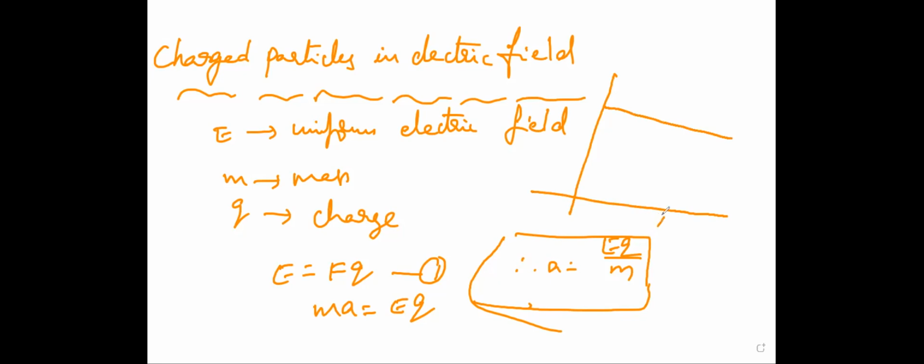Time along the x-axis and acceleration a is equal to Eq by m along the y-axis. This is a straight line which is parallel to the x-axis, that is the acceleration.